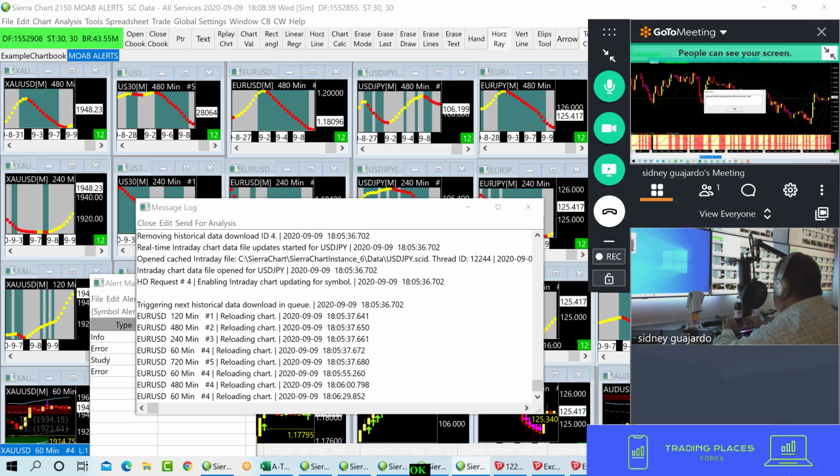Wait for volume. Volume will make everything come back. You see what I'm saying? Wait for volume and signals from Solomon.